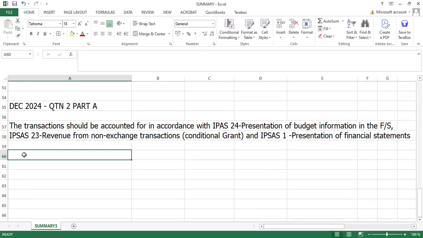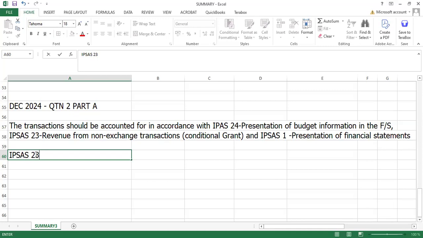Okay, now after that, you can say that, because let's start with the grant, we can really say that in IPSAS 23. Okay, let me start with IPSAS 23.